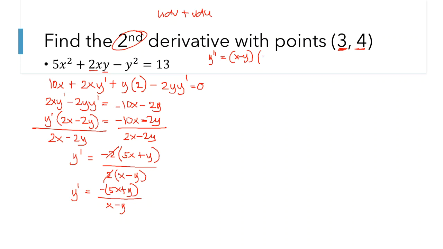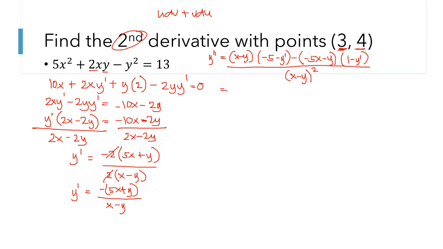So that would be negative 5 minus y prime, minus our numerator, which is negative 5x minus y, multiply by the derivative of the denominator, which is 1 minus y prime. That is divided by x minus y squared.